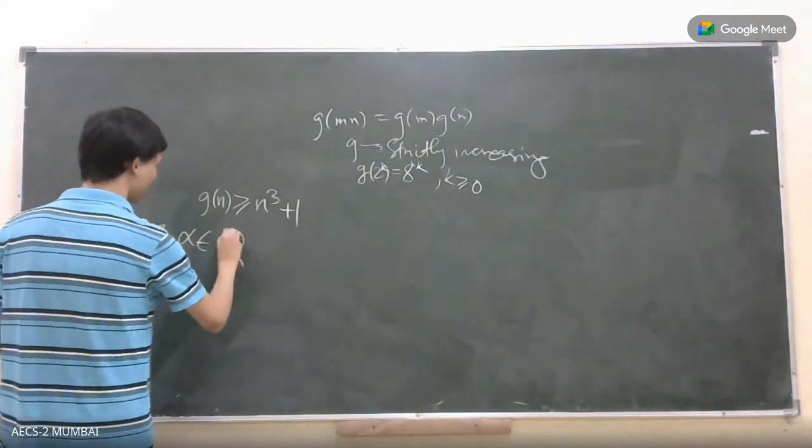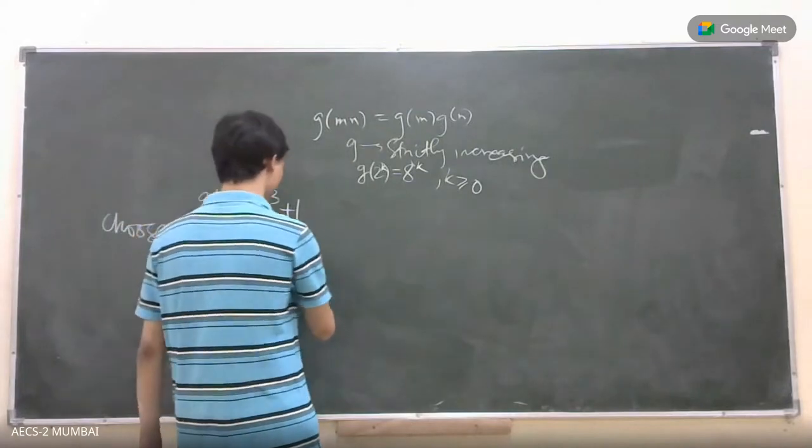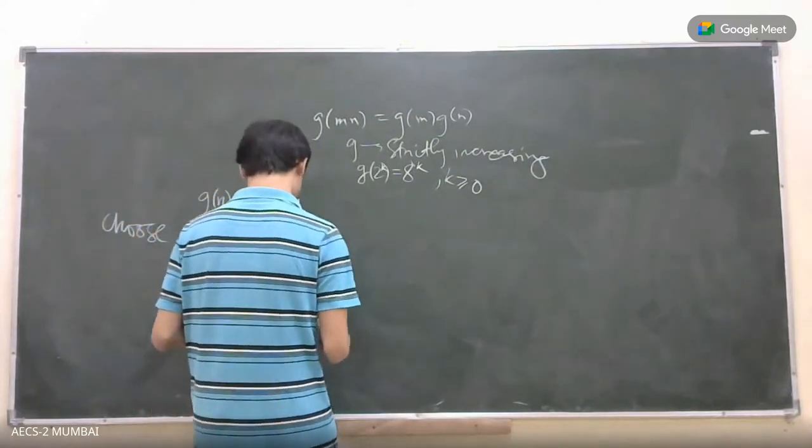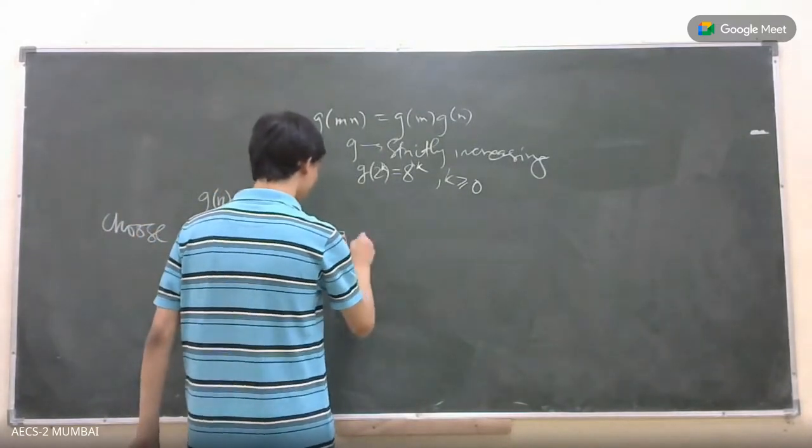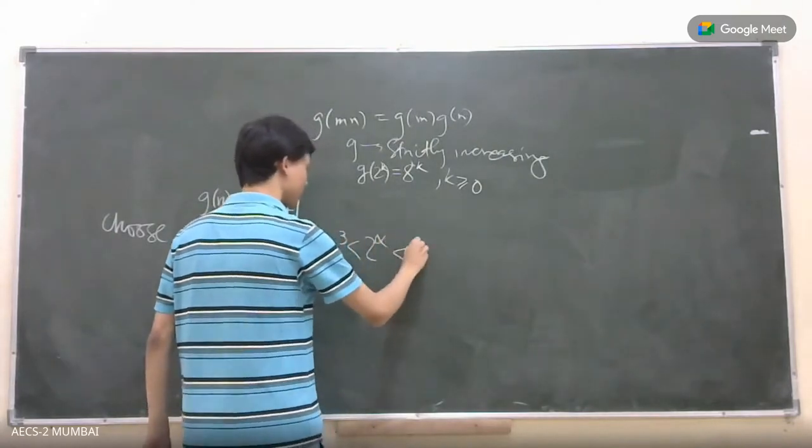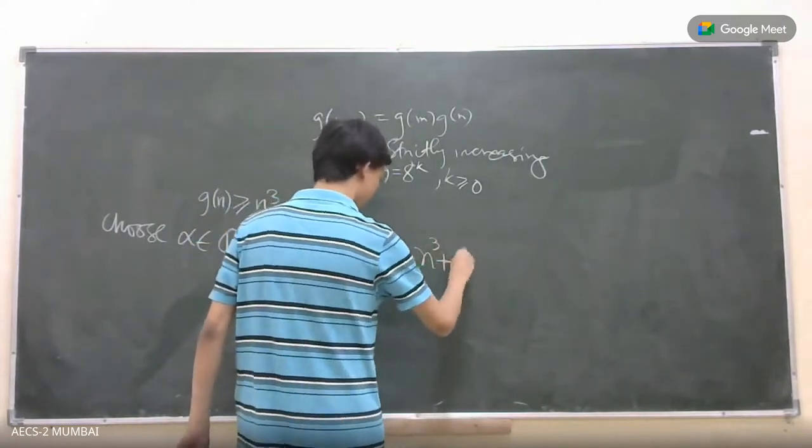Choose alpha to be a rational number such that n cube is less than 2 to the power alpha, which is less than n cube plus 1.